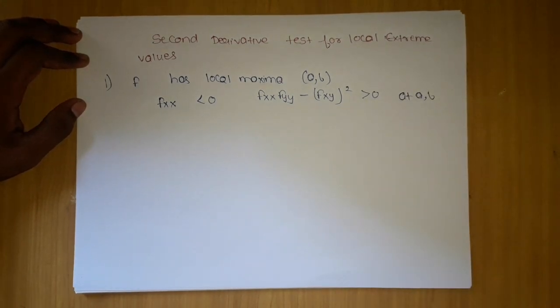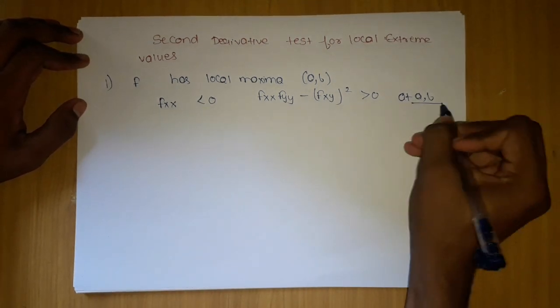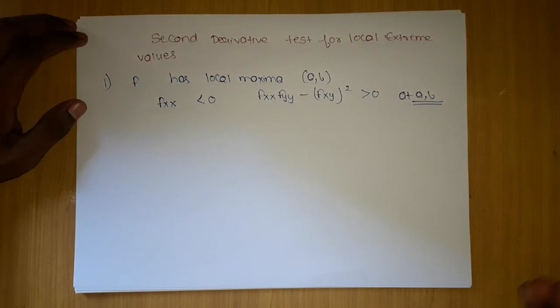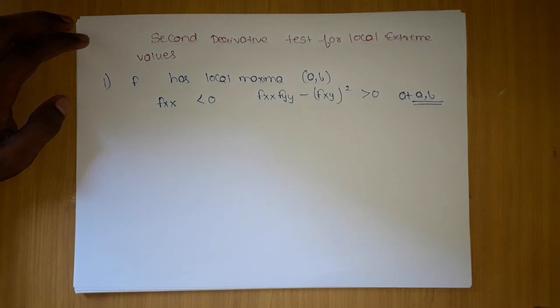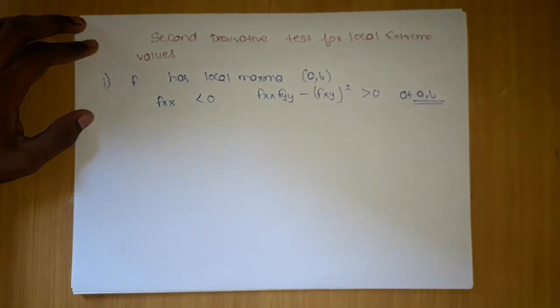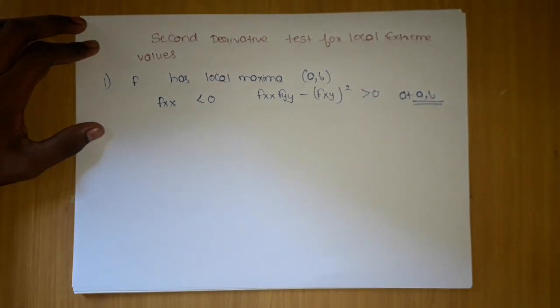But now you should note that to apply the second derivative test, you need a comma b. How will you get a comma b? If you know the function, you will partially differentiate it with respect to x, then again partially differentiate it with respect to y, solve them simultaneously, and get the points a comma b. Right? So we know how to get a comma b. Now the second thing was f has a local maxima. We got this from the first derivative test. Now we will do the second derivative test with respect to x only.